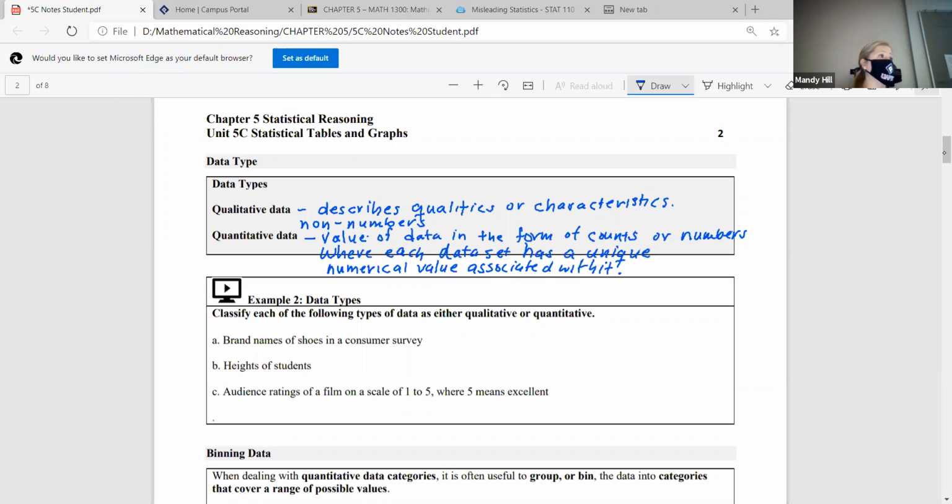So if we were doing a survey in this class and I was asking how tall are you? Well, that's got a number associated with it. What's your shoe size? That has a number associated. That's quantitative data.